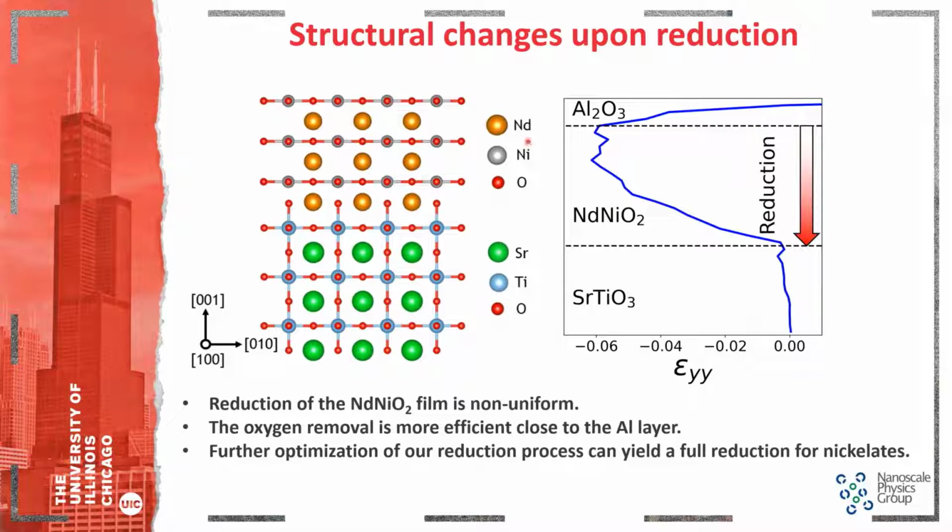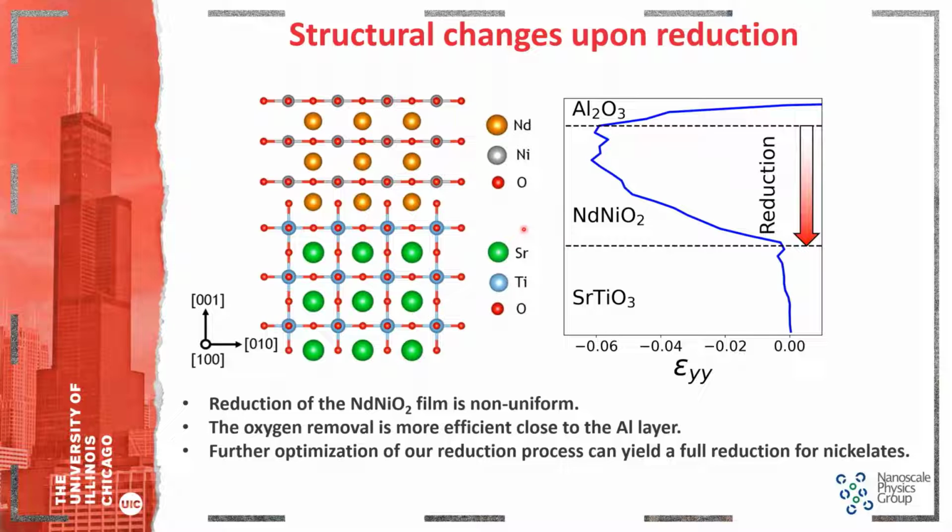So what we see here is that the film is completely reduced close to the aluminum layer, which is now alumina, and as we go farther away, there is some retention of the apical oxygen atoms. Close to the interface with the strontium titanate, the film is partially reduced, and at about half the thickness of the nickelate film we get full reduction, resulting in the NdNiO2 stoichiometry, where we started with NdNiO3.